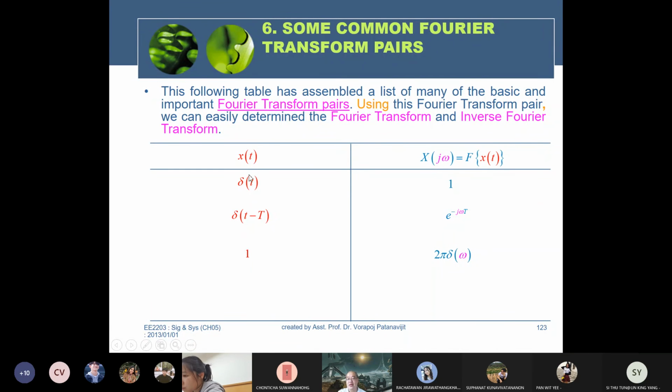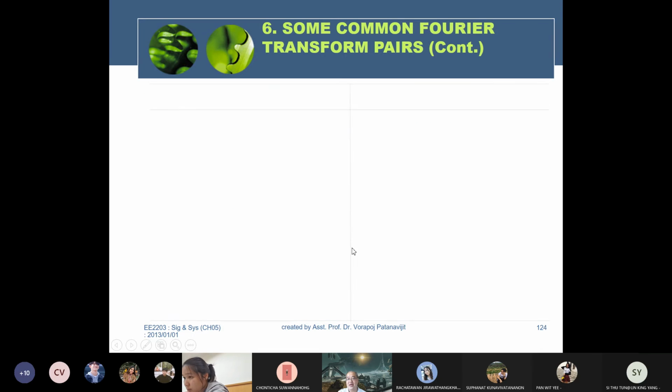Or the reverse: the Fourier transform of 1 gives you an impulse, normalized by 2 pi. If you shift in the frequency, you multiply by e to the power j omega naught t in time.